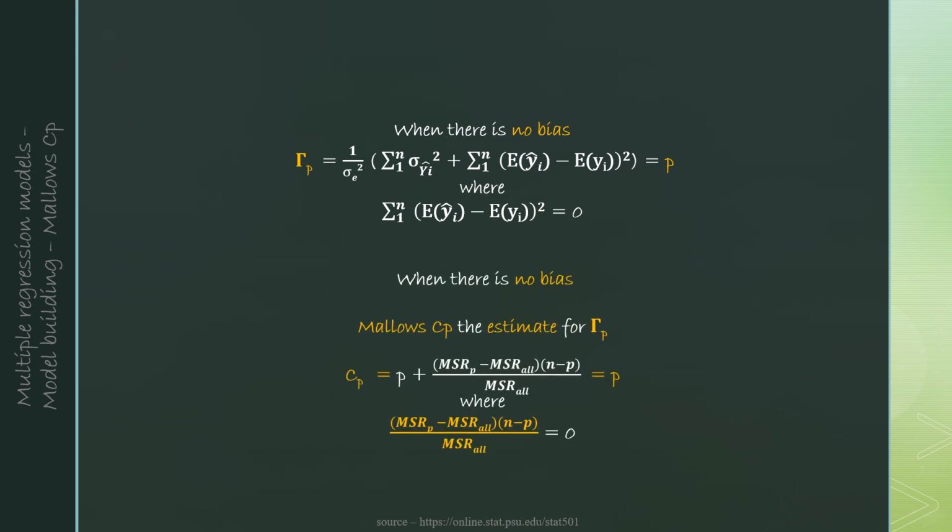Similarly, when there is no bias, Mallows Cp, the estimate for gamma p, which equals p plus (MSRp minus MSR all) multiplied by (n minus p) divided by MSR all, equals p, where MSRp minus MSR all multiplied by n minus p divided by MSR all becomes 0.